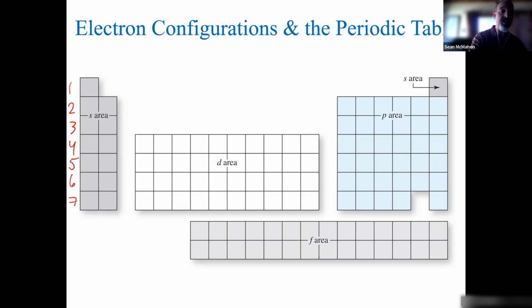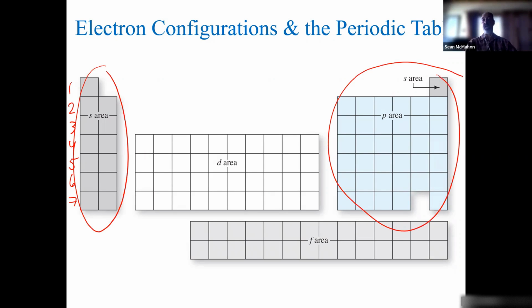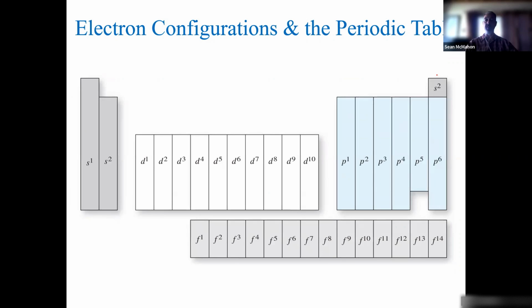And then I can use the areas in the periodic table to tell me what sublevel they're located in. So if I'm in the first column, my last electron is an S1. So it's in sublevel S, it's 1 electron in there. If I'm in the second column, the last electron is in an S sublevel, but it's the second electron.